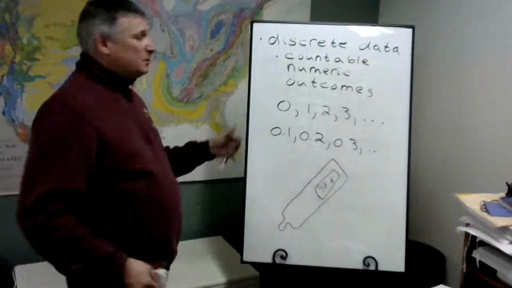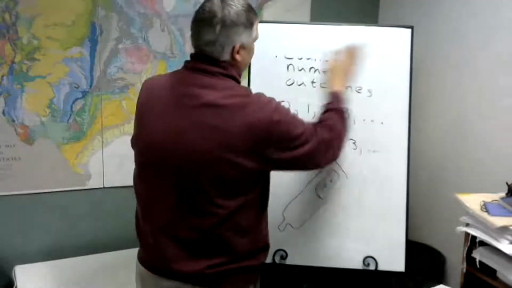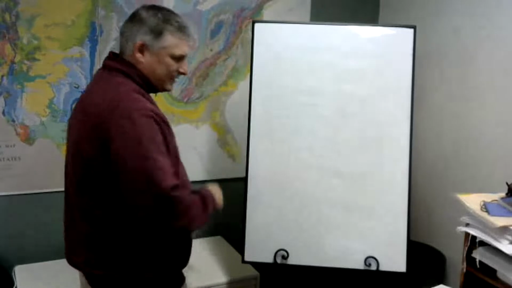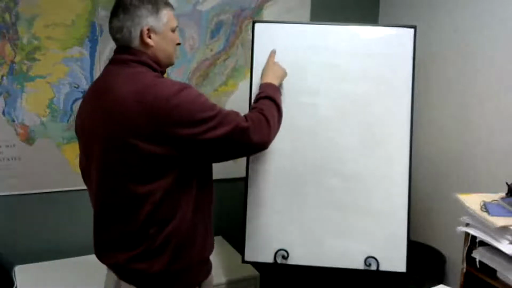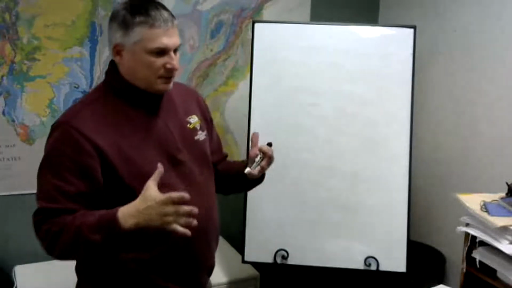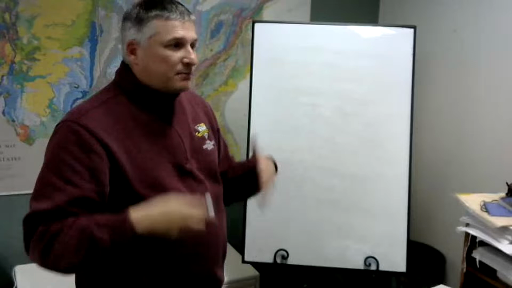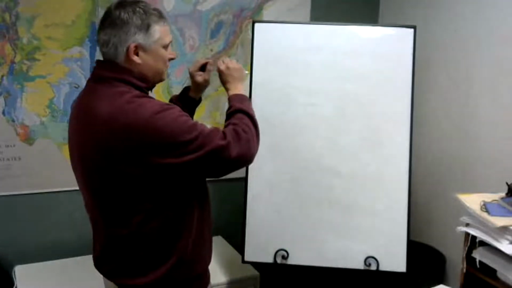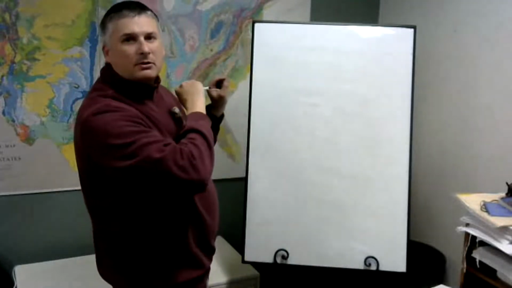The other kind is continuous. Continuous will be data that doesn't come in little steps. You can't say, well, this is first, second, third. You can't label the different possible outputs. So continuous is where you just measure until you stop.